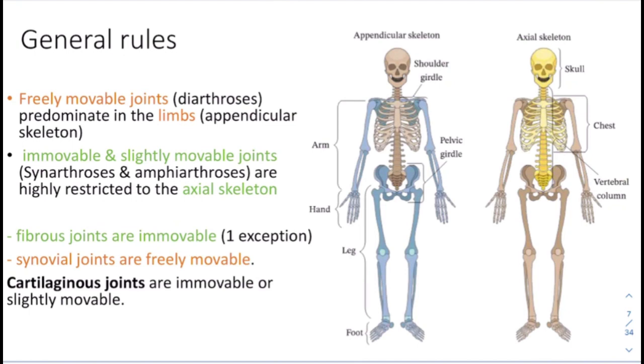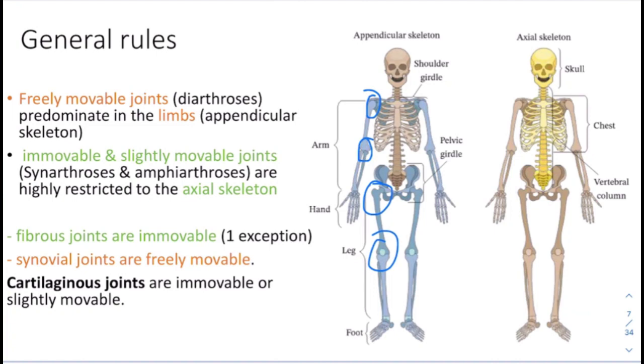So let's talk about some general rules. Freely movable joints or diarthroses predominate in the limbs or the appendicular skeleton. Examples of diarthroses include the elbow joint, the shoulder joint, the knee joint, and the hip joint. And as you can see, they're all in the appendicular skeleton or the limbs.